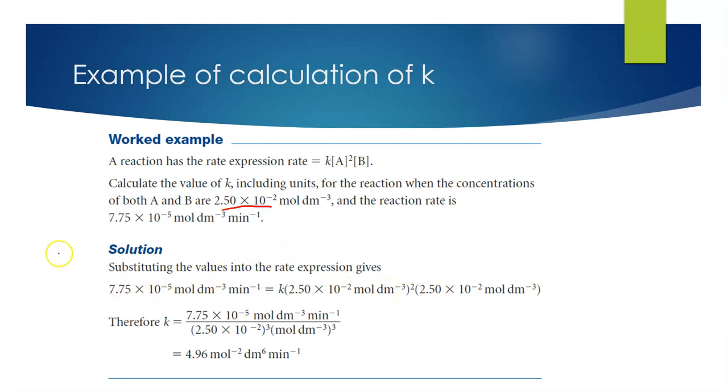And then on our top line, we're going to have 7.75 times 10 to the negative 5 moles per decimeter cubed per minute. So when we work this out, we're going to end up with mol^-2 dm^6 min^-1, because this one's our unit of time here. And when we plug it into the calculator, we get 4.96.